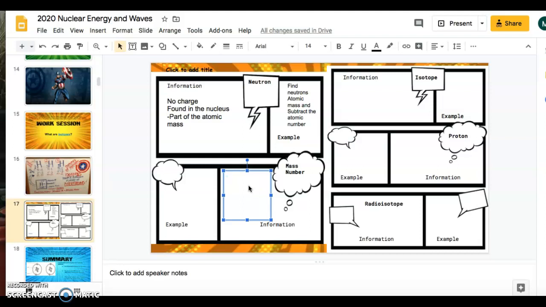Our atomic mass is the number of protons and neutrons. Now, sometimes you may see this reverse. It's going to be really rare, but you might see it. If you need to find the mass of whether it's an isotope, an atom, or an ion, you will add together the protons and neutrons.